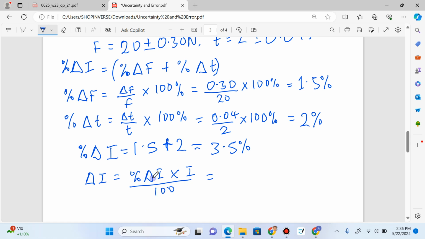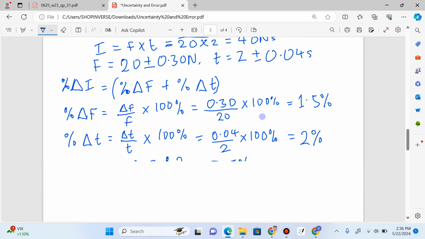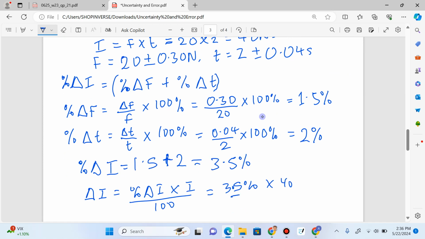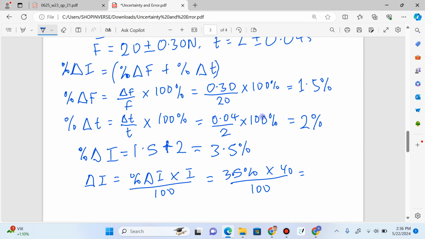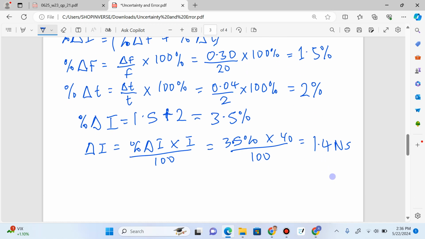It is the percentage uncertainty in impulse, which I have as 3.5%, multiplied by the absolute value of the impulse, which I've calculated to be 40 Newton seconds, and then I'll divide this by 100. Hence, the absolute uncertainty will be 1.4 Newton seconds. This symbol means absolute uncertainty, so this is the absolute uncertainty in the impulse.